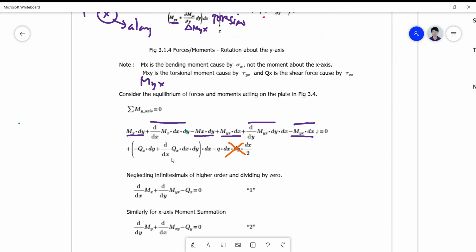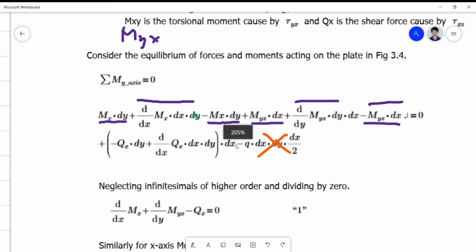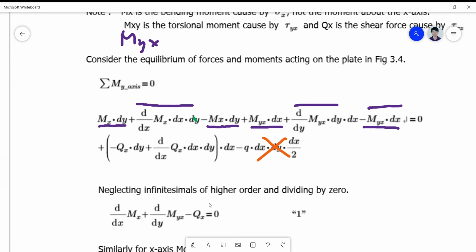Hence, this part here, when I multiply it, will yield a triple product and is considered to be an infinitesimal of higher order.